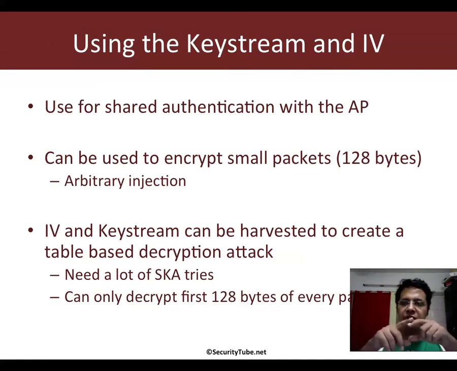Doing the reverse process, we will basically have a database of initialization vectors and the corresponding key streams, which we can collect over time. Now this database can be used for decryption of packets which we find later on in the same network using the same initialization vector, right?